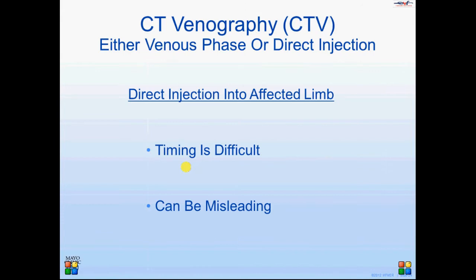Now, the other alternative for CT venography is to inject contrast directly into the affected limb. Also challenging in terms of timing the study.